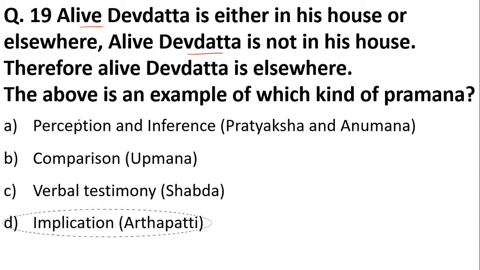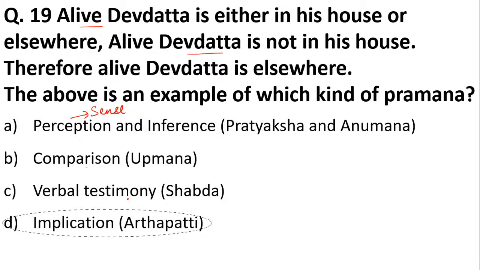Perception means whatever you are seeing and you are gaining knowledge from your sense organs. Inference is when you infer from the statements. Comparison is when you compare things and gain knowledge. And verbal testimony is when you gain knowledge from books or from your teachers.